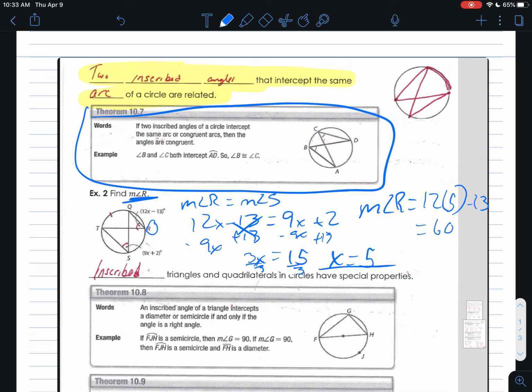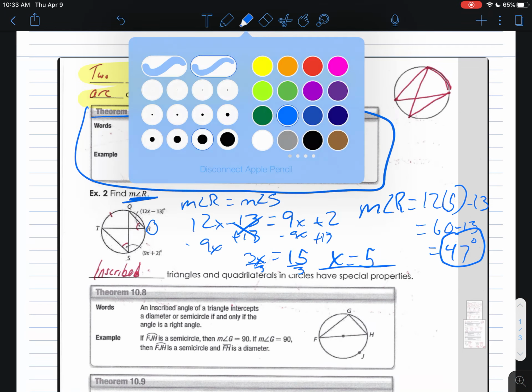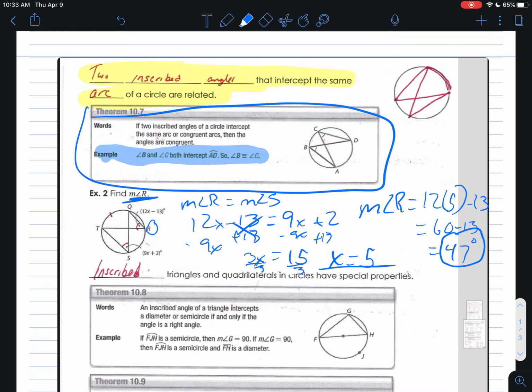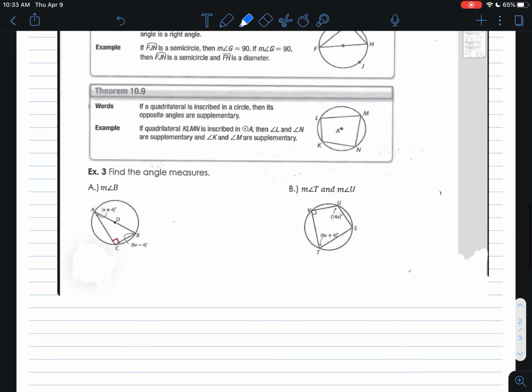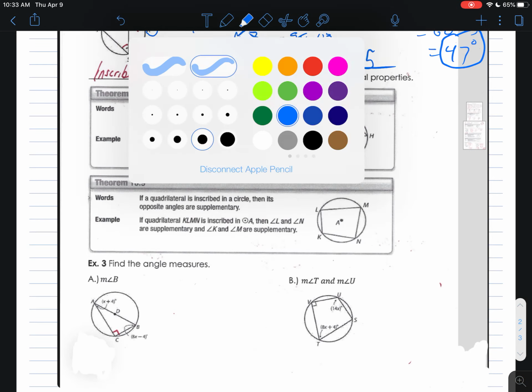And from there, we get 47 degrees. So it's really important to understand this theorem right here in order to understand the problem. Okay, super important. Now, let's take a look at the last two. Once again, these theorems are huge. Make sure you take a look at them.